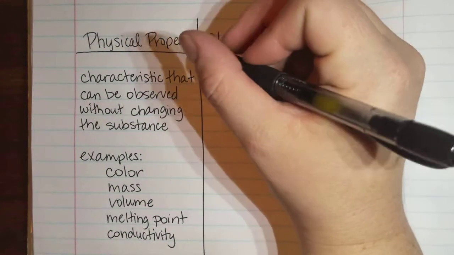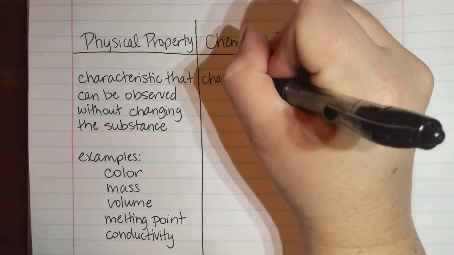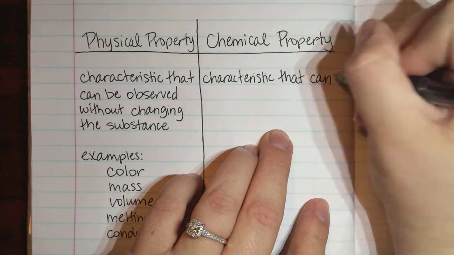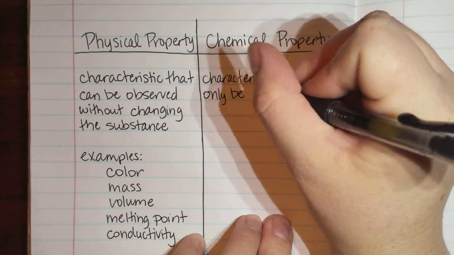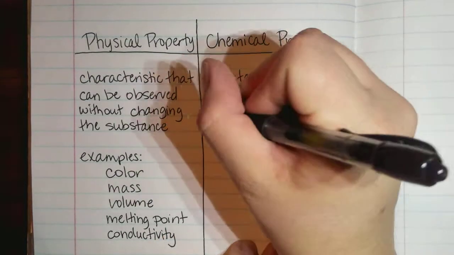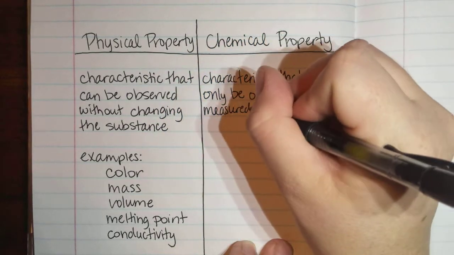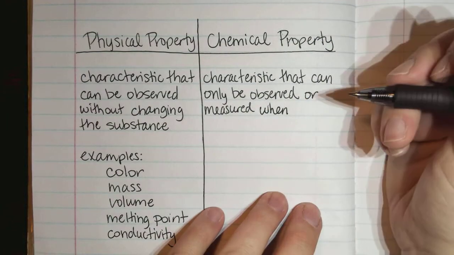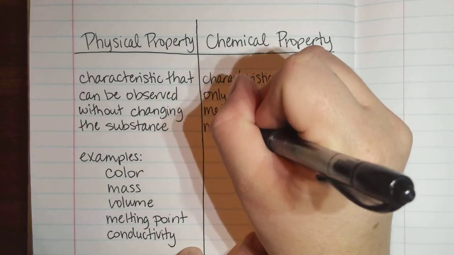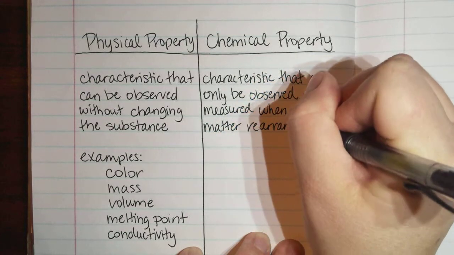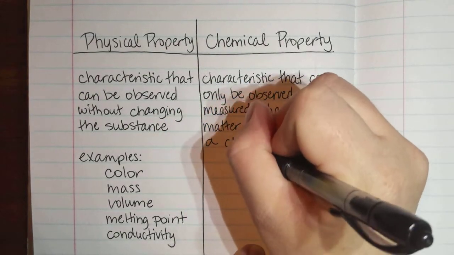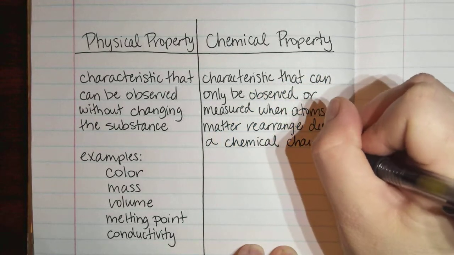So I'm going to say that it is a characteristic that can only be observed or measured when atoms of matter rearrange during a chemical change.